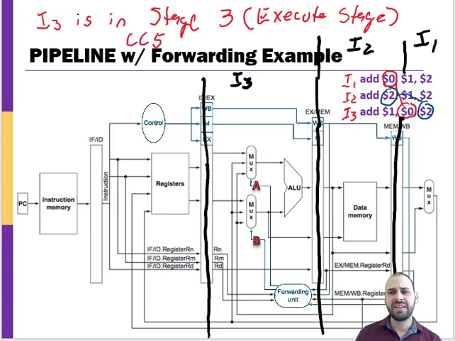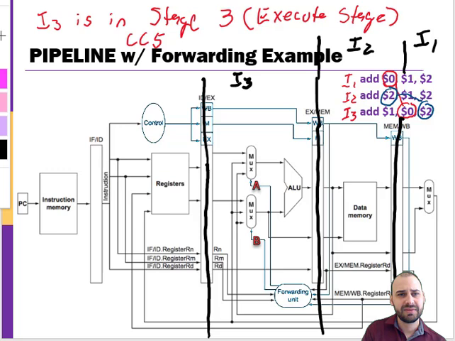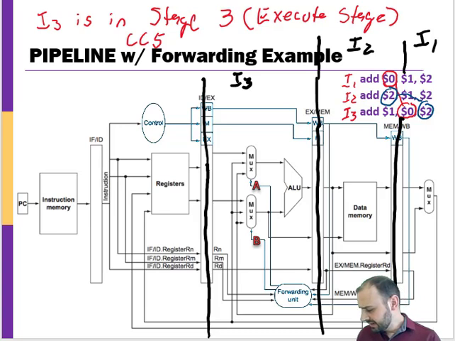Now let's look at control signal A, which is the first input operand into the ALU. What we want in that case is a particular value, and the value that we want is this value here.